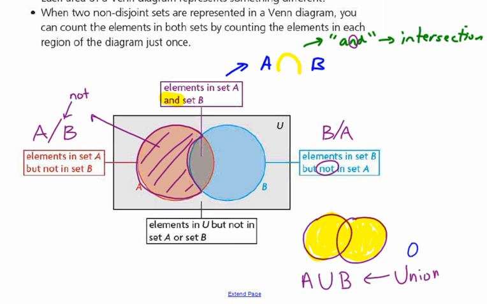So union is for or. And then and is intersection. Okay, let's go on to the next page.